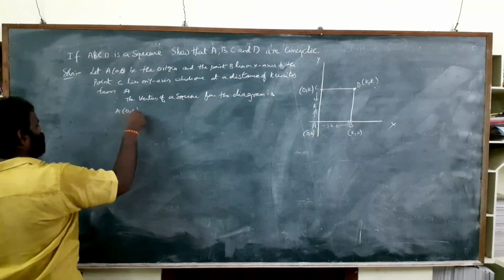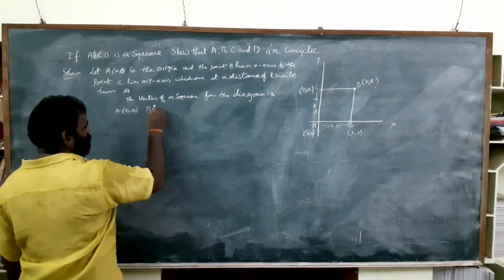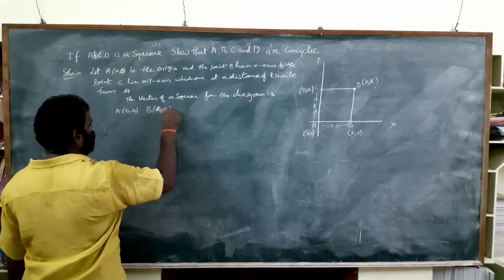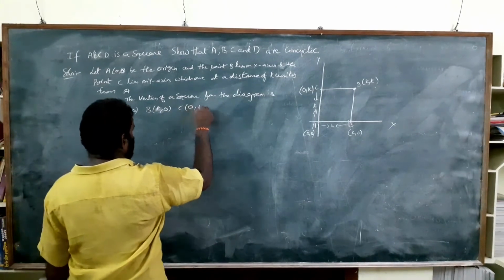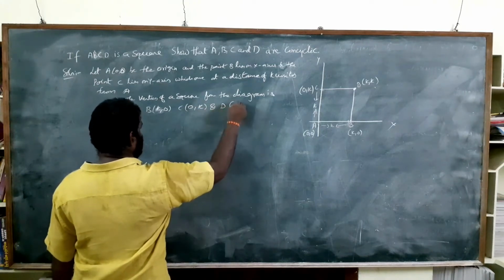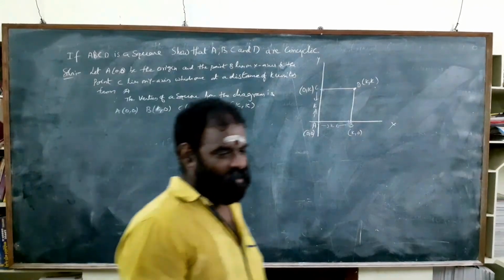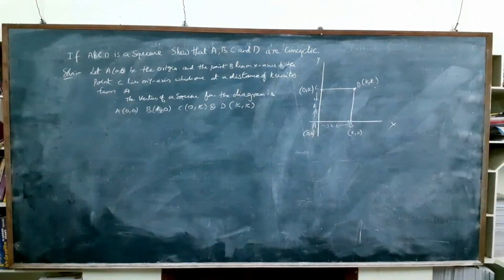A 0 comma 0, B k comma 0, C 0 comma k and D k comma k. So now we have to prove that these 4 points are concyclic.